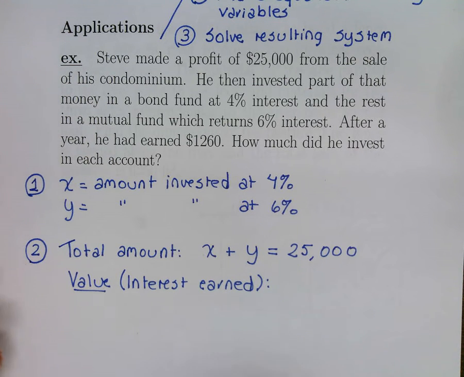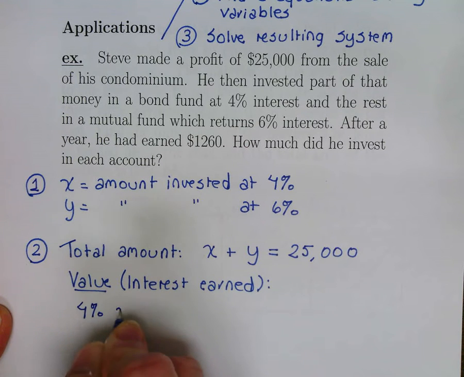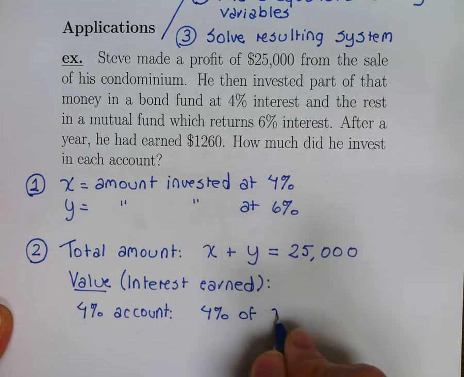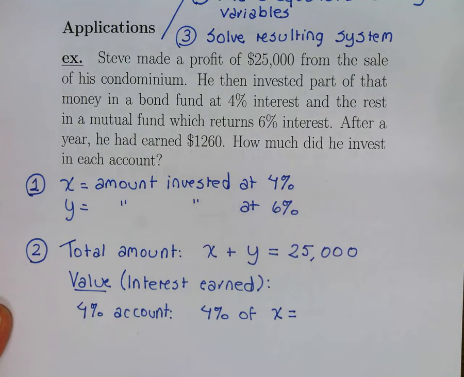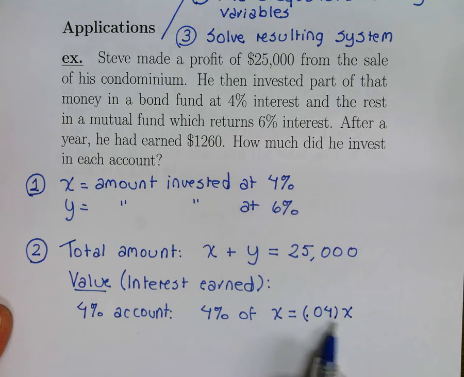Okay? So from the 4% account, he earned 4% of the total amount, which was X. Okay? And that would be 0.04 times X. The rate times the amount. Okay?